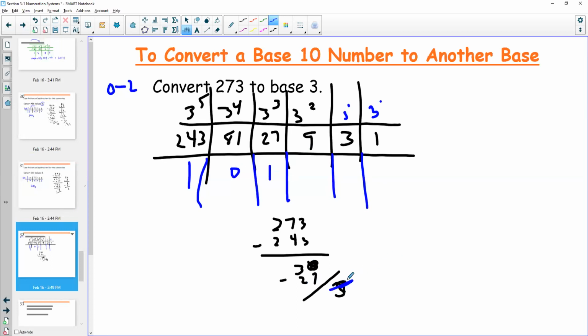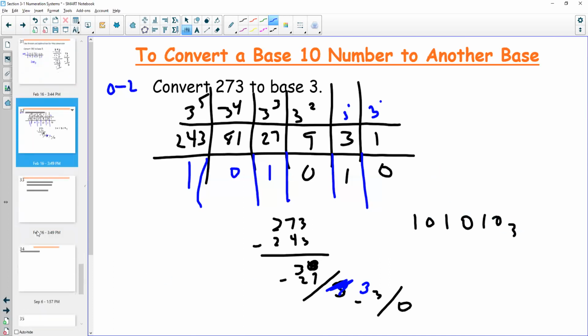Wait, sorry, I'm going to scribble that out. Bad math. So there are no 9s to take out. I can take out 1 3. And there's no 1s to take out. So my number is 1 0 1 0 1 0 in base 3.